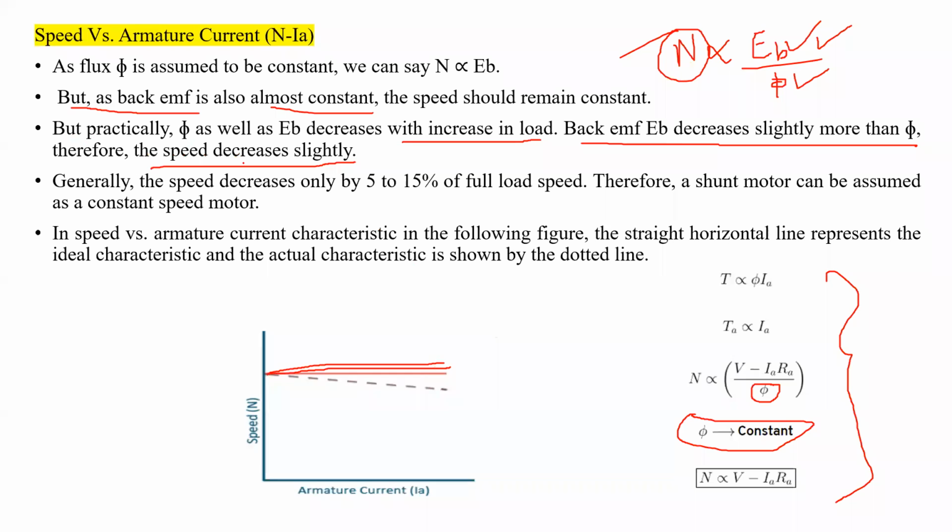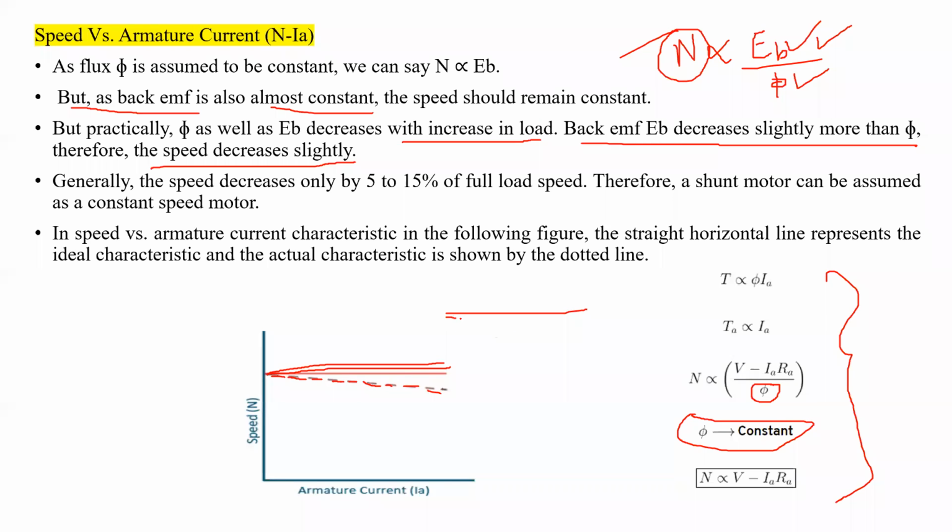But practically, flux as well as Eb have slight variations. Some amount of voltage will vary, some amount of flux will vary. So due to this, the speed also changes slightly. That's why we represent it with a dotted line. Small changes remain; it is not exactly constant.